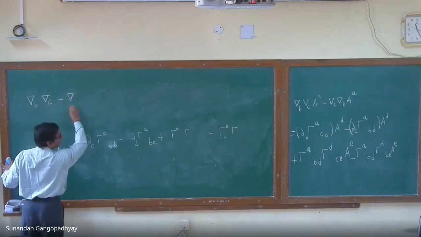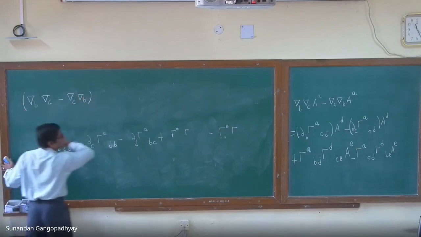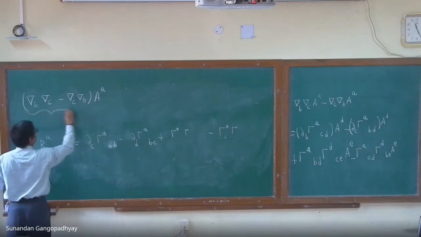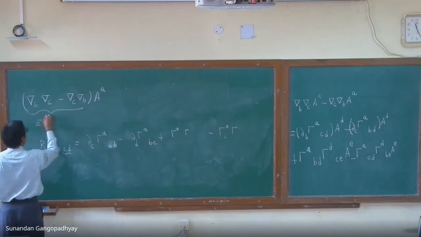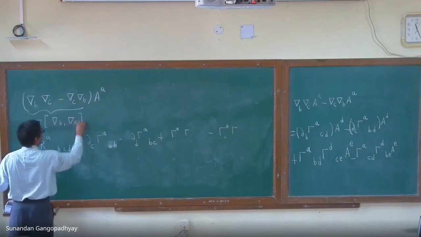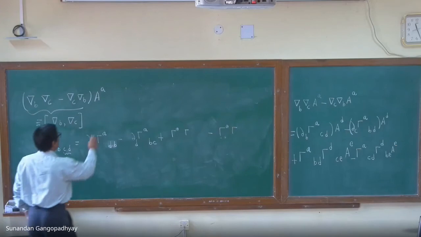Grad C, grad B, AB, AA. This is basically grad B, C. Correct. Grad C, grad. This is correct. And that is the result that you have got.